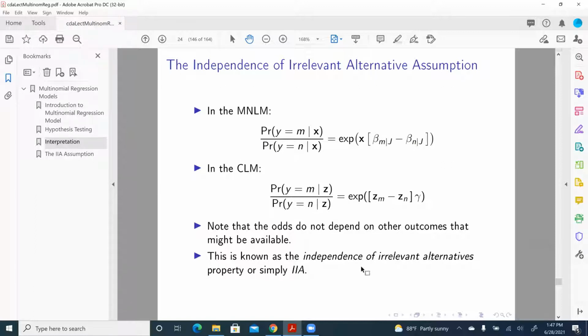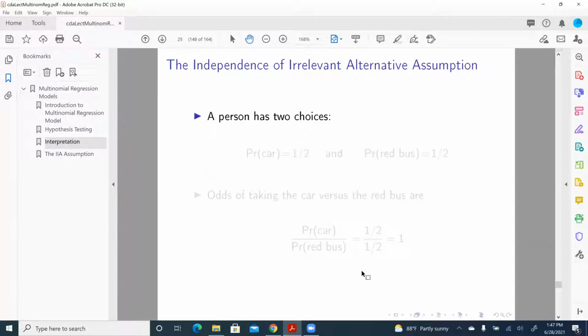To understand the substantive meaning of this, let me give you an example. Let's say a person has two choices of transportation. That person is going to choose a car with a probability of 0.5, and a red bus with a probability of 0.5.